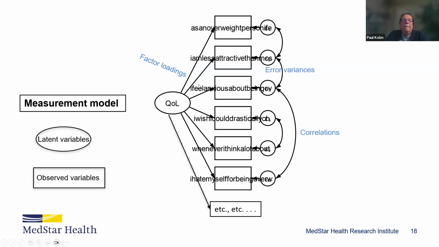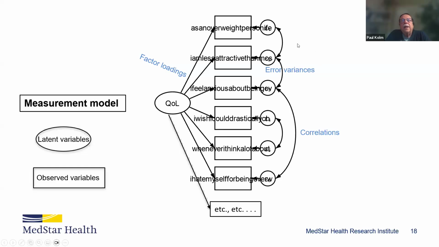Another thing that we can change, to maybe get a better fit of the model, is to suggest that there are correlations between some of the variables in our model. The bidirectional arrows represent correlations.